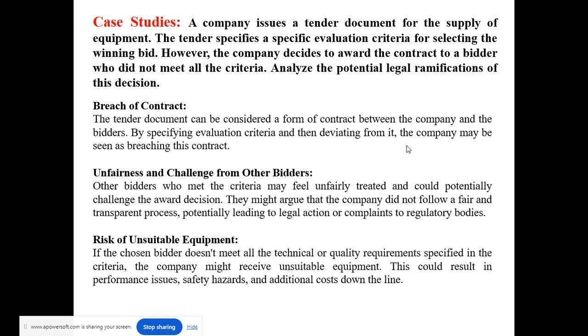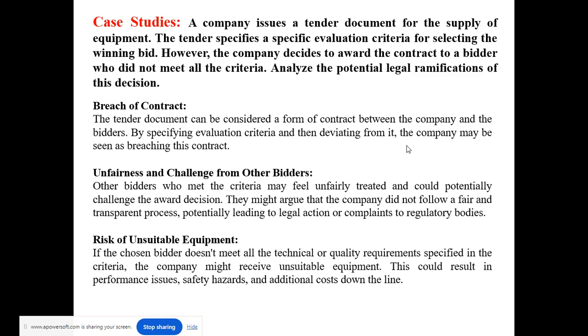Basically, there comes the breach of contract. The tender document is considered a form of contract between the company and the bidder. By specifying the criteria and deviating from them, the company may be seen as breaching its contract. It cannot award the contract to a bidder who did not meet the criteria.